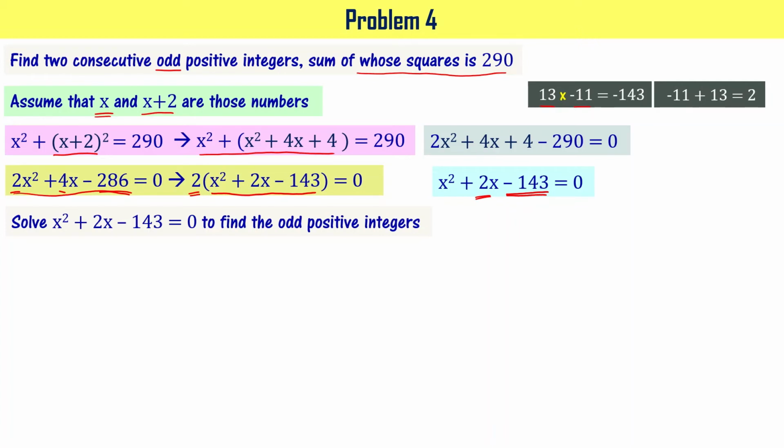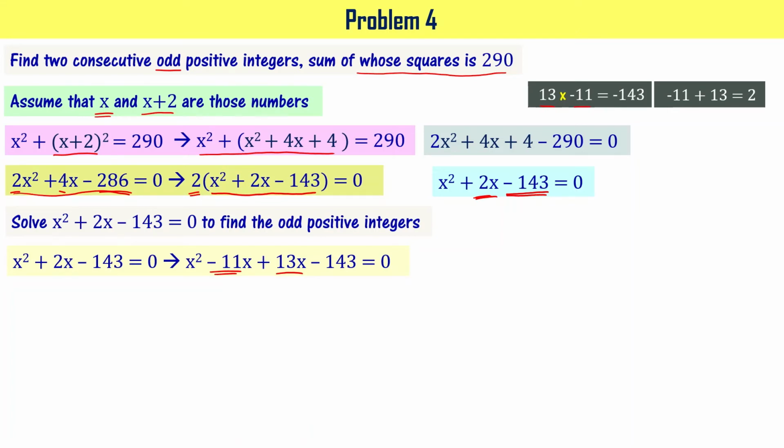It means 2x now can be written as minus 11x plus 13x, right? Let's write that. x square plus 2x minus 143 equal to 0 can be written as x square minus 11x plus 13x minus 143, right?